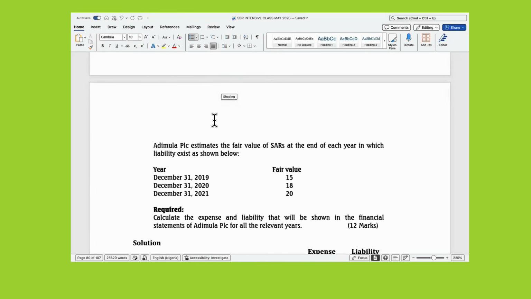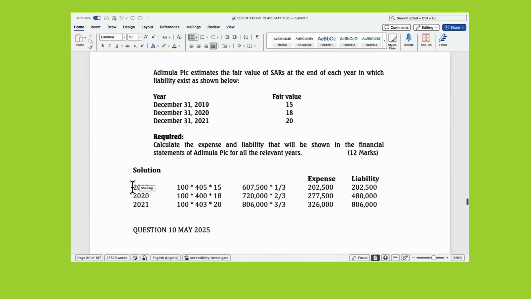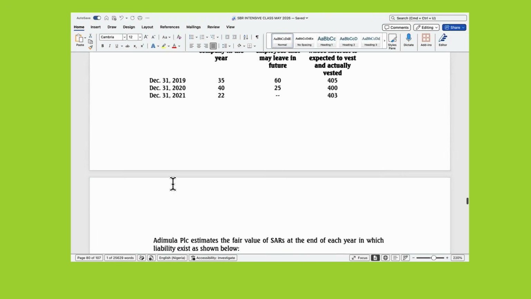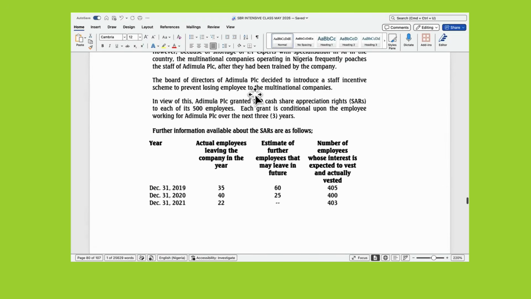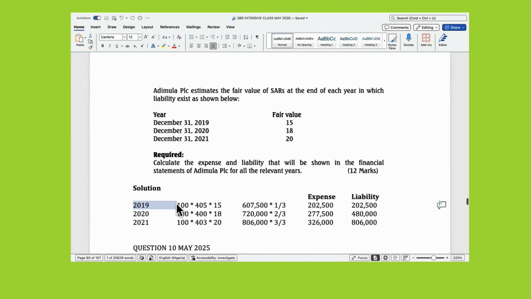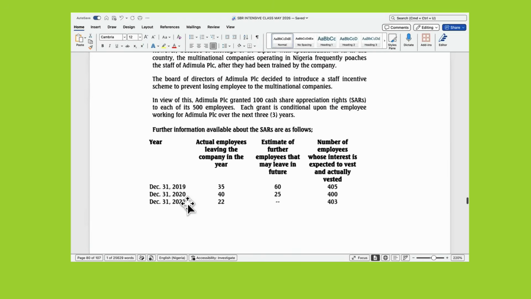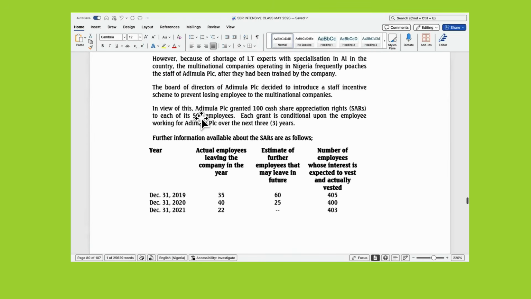So let's do that. In 2019, we are giving 100 share appreciation rights to each of our employees. How many employees do we have? We have 500 employees.